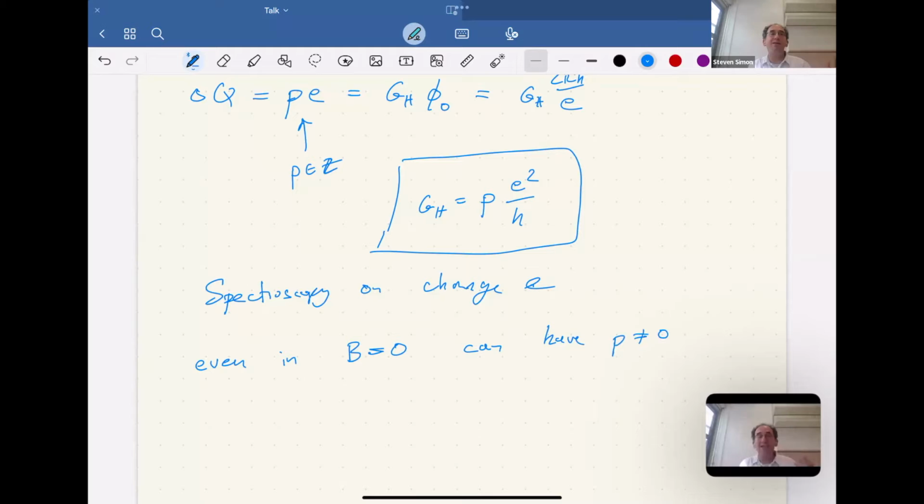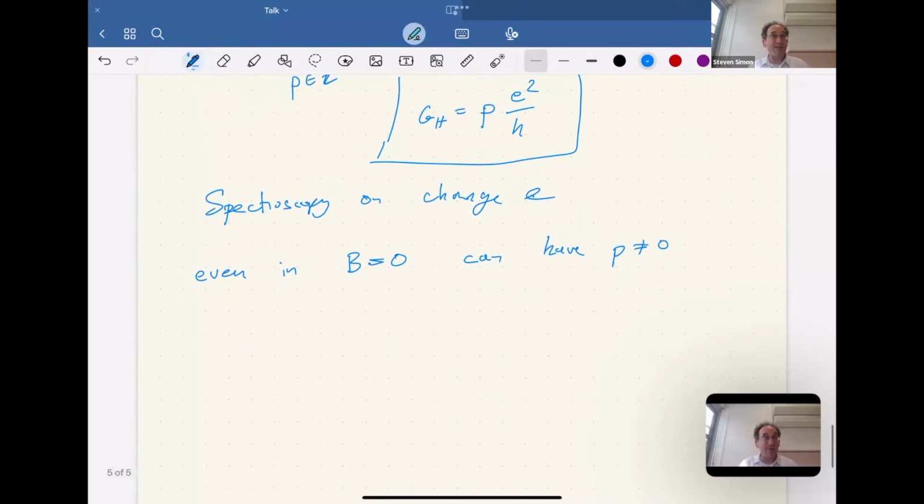Now, there has to be time reversal symmetry breaking somewhere, because you transfer the electrons from the inside to the outside, not the outside to the inside. There are two different possibilities. So there is a symmetry breaking that goes on, but that can happen spontaneously. You don't have to apply external magnetic field in order for this to happen.